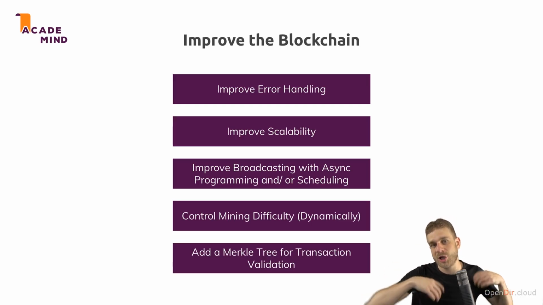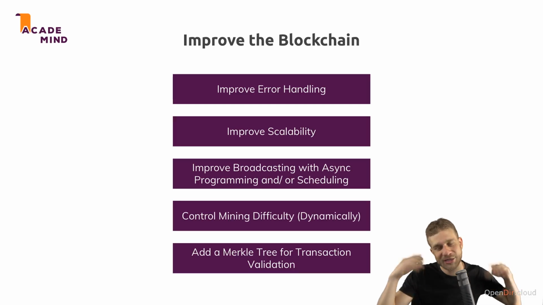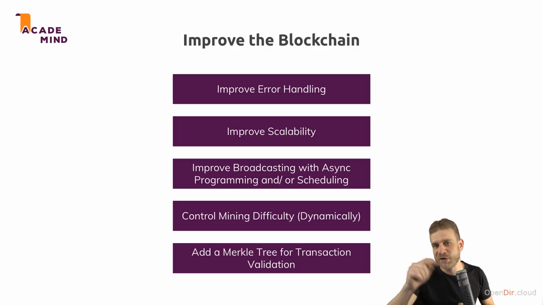Now, if you have a lot of transactions, more than 10, maybe a couple of hundreds in every block, and you get a lot of blocks, then going through all of them to verify if they're all valid, if their signatures are valid, that will take a lot. A Merkle tree is essentially a way to hash verified transactions and then also to easily validate if that hash is correct and therefore validate your transactions in bulk.